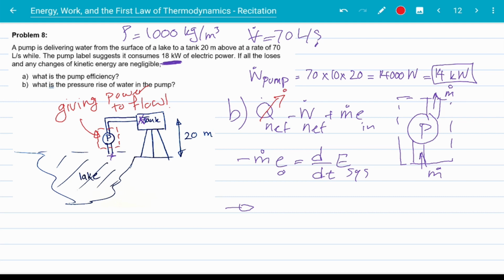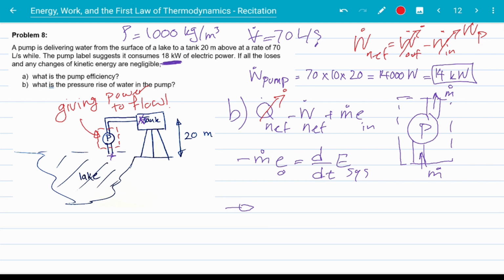W dot net, we know that W dot net is W dot out minus W dot in. The system is not generating any work, so this is 0. And W dot in is actually the W dot of the pump.